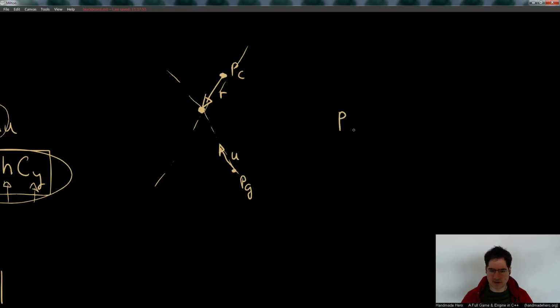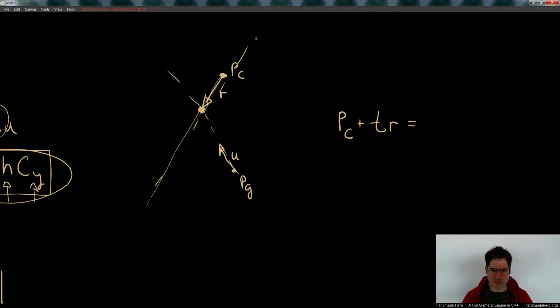If we've got PC plus T times R, we've done this on Handmade Hero before. This is just 2 lines intersecting. PC plus T R says I can go as far along this as I want.